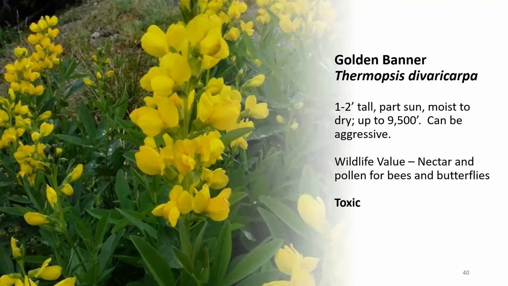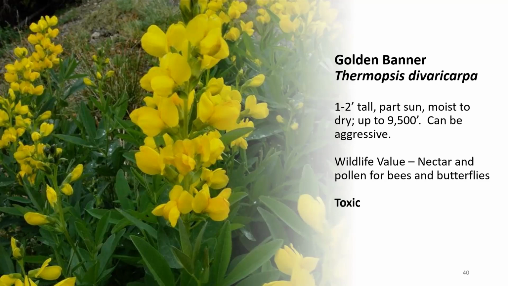Grows 1 to 2 feet tall, part sun, moist to dry locations, but I would say more moist. And when you find it growing in the wild, it tends to be in wet meadows, up to 9,500 feet in elevation. It can spread aggressively, which some people like and some people don't like. I personally tend to like plants that will spread and fill in, but if you want a plant to stay in place, you might not want this one.